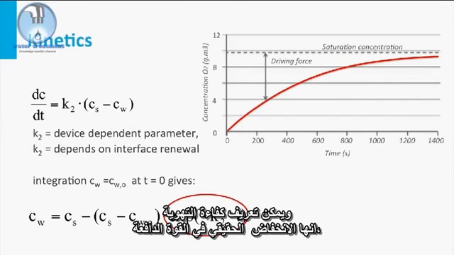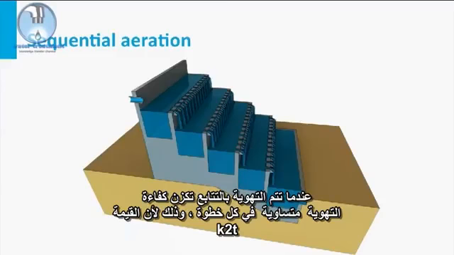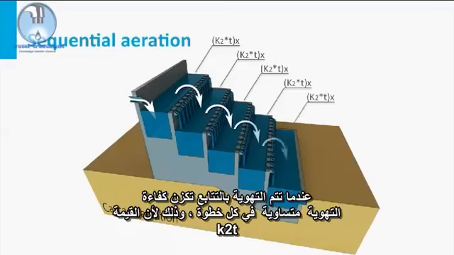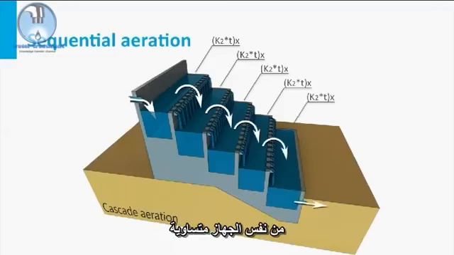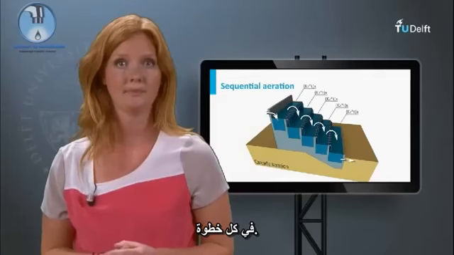The efficiency of aeration can be defined as the achieved decrease in driving force, divided by the possible decrease in the driving force. When aerating sequentially, the efficiency will be equal per step, because the K2T value of the same device is equal. This occurs, for example, in aeration with cascades, where the water makes the same falling motion at each step.